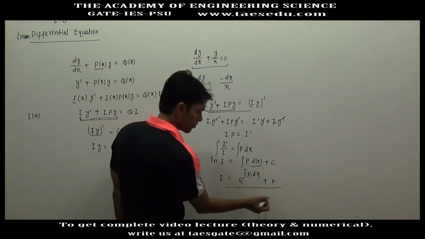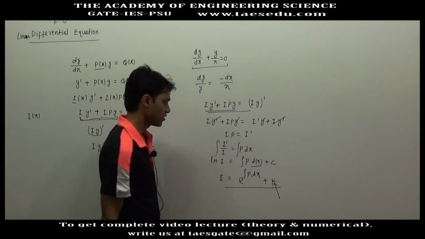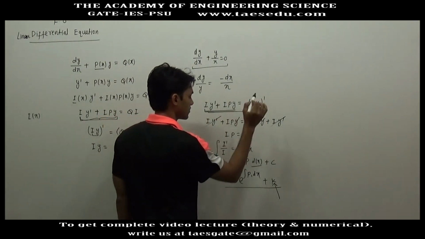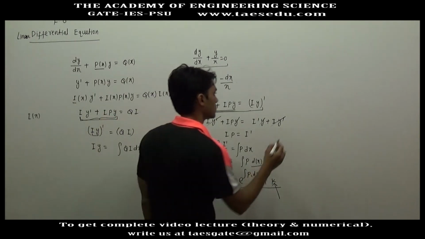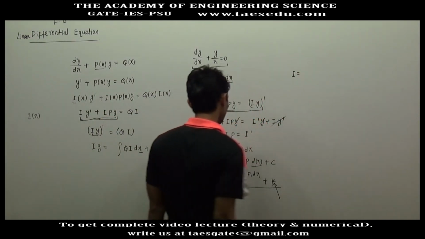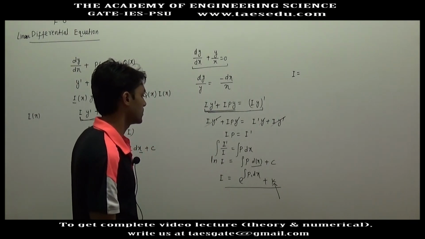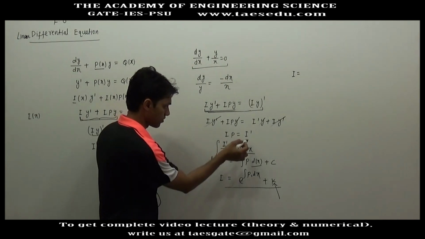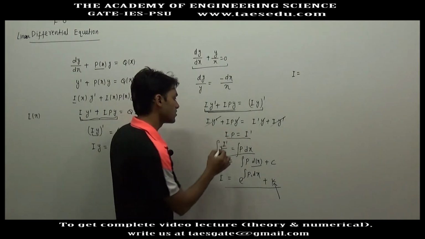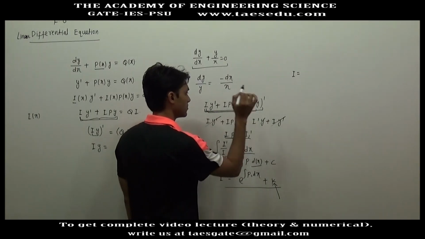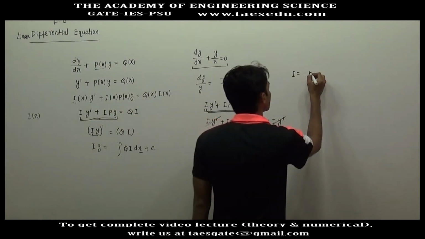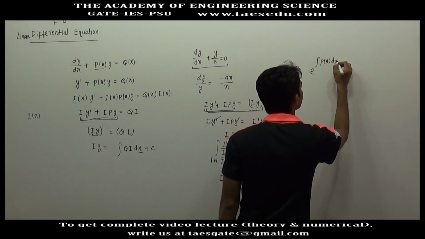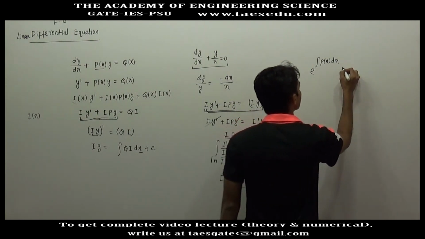It does not matter what constant k we take, all these functions will satisfy this condition. So it is better to take k equal to 0. Means if you take any value of k, this differential equation will be satisfied, and if this is satisfied, this will also be satisfied. So we will take I is equal to e to power integration p(x) dx. This is called the integrating factor.